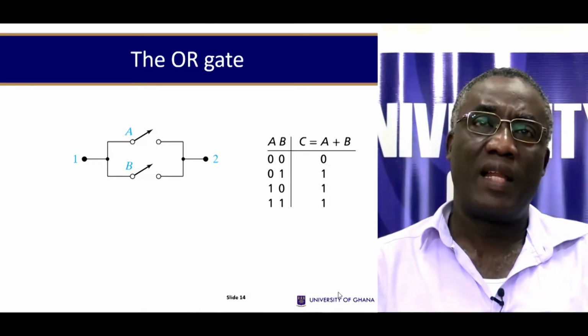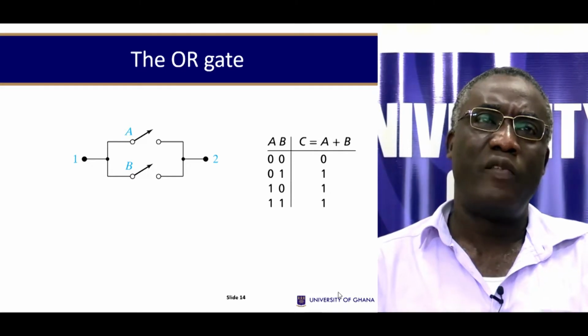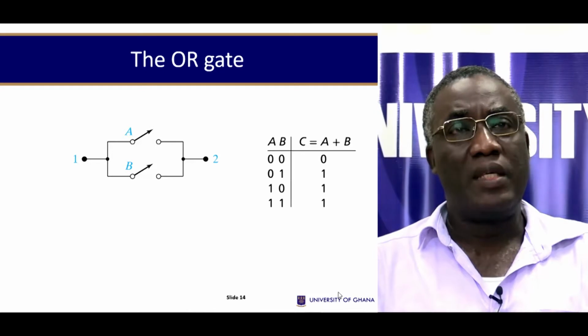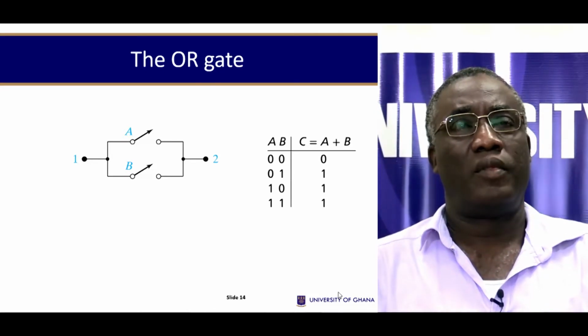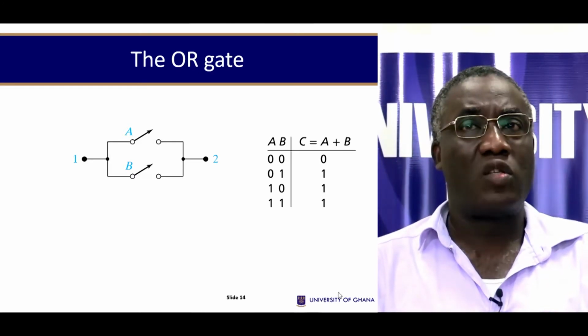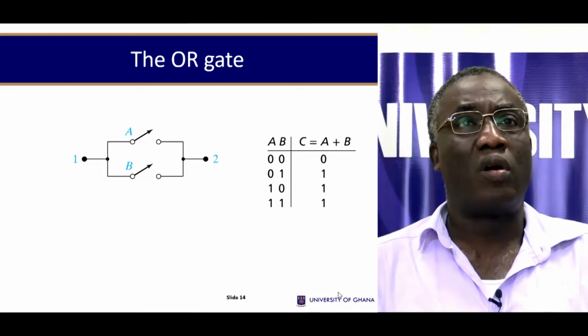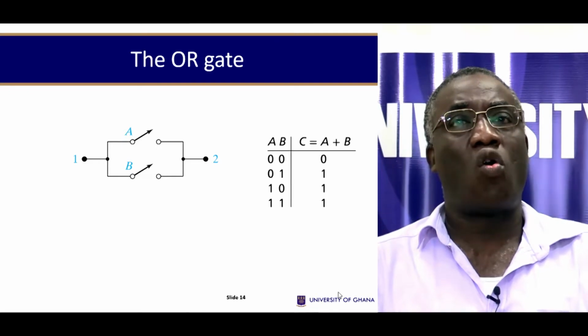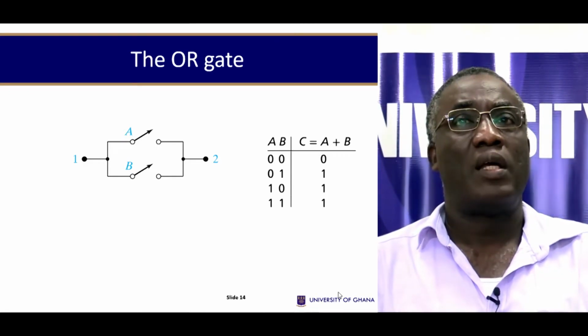So you can have the lamp 2 on if either A is on or B is on, or both of them are on. The only case where the lamp 2 will be off is when both A and B are off. So we call this the OR gate.